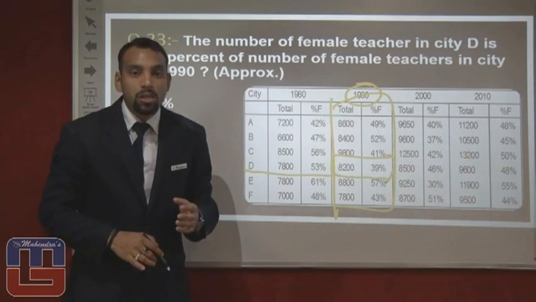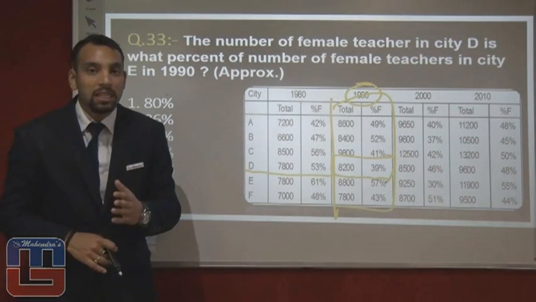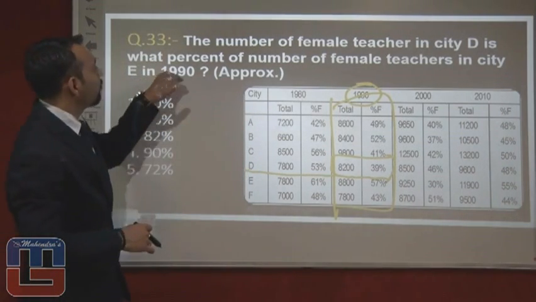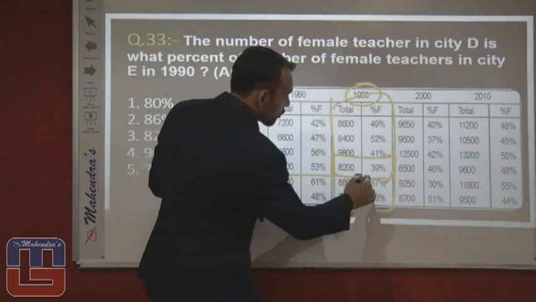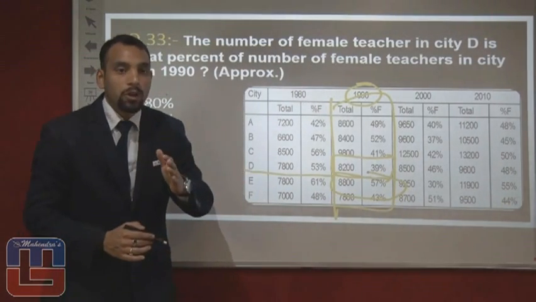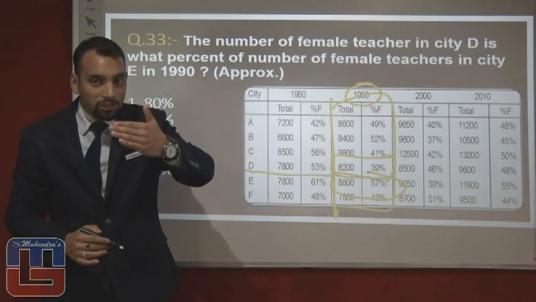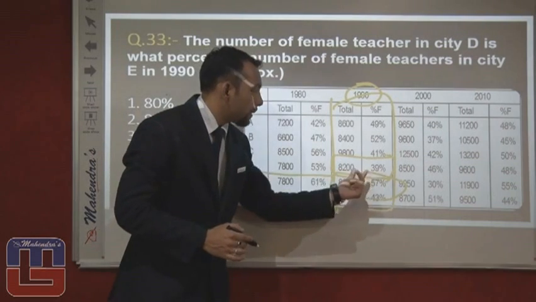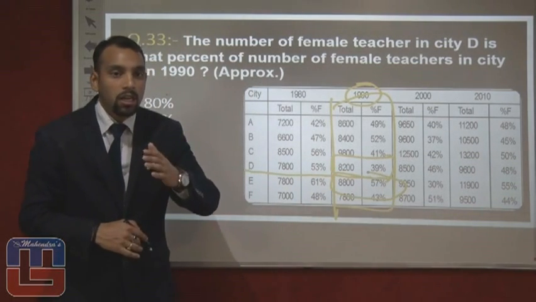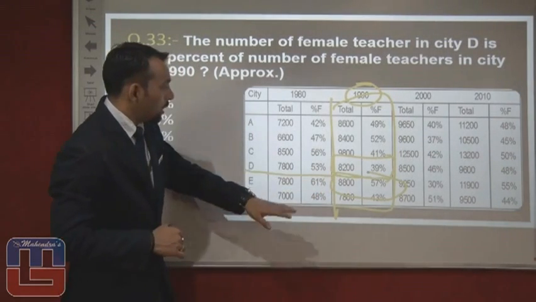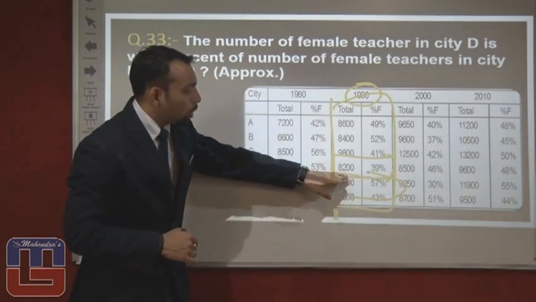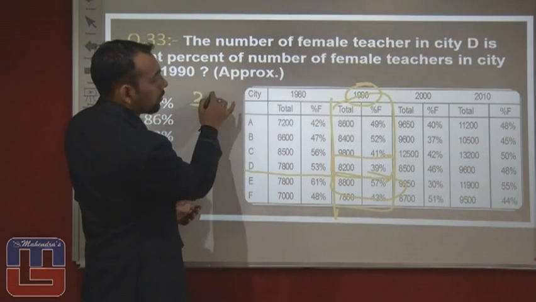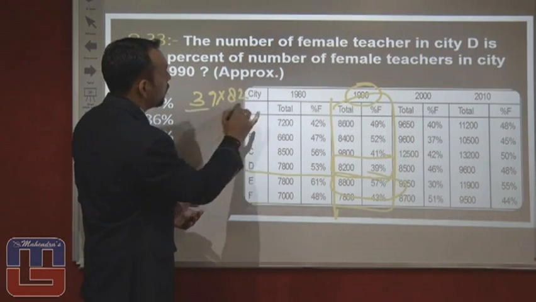Now, what the question is saying, the number of female teacher in city D is what percent of the female teacher in city, which city? City E in 1990. City E is where? This one. Now, what you have to find, directly I am writing number of female teacher in city D. This one. So, if you will calculate 39% of 8200, here you will get 39 into 82.